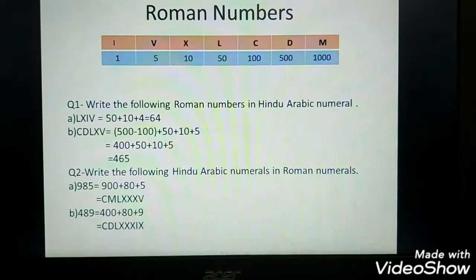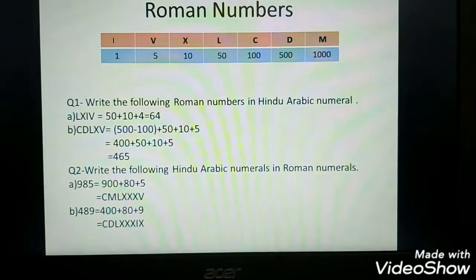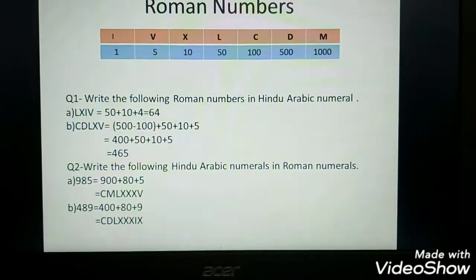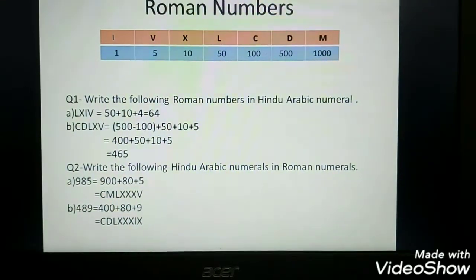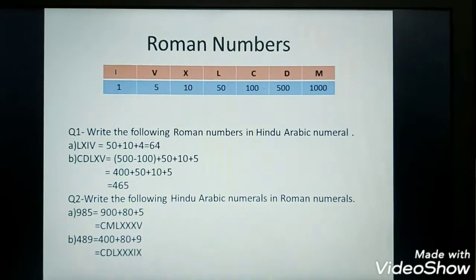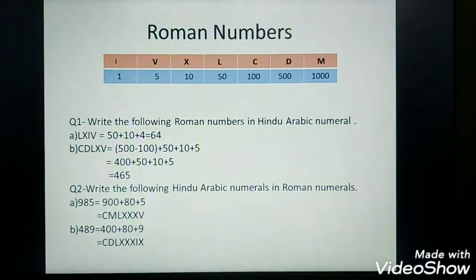So L stands for 50, X stands for 10 and IV stands for 4. So 50 plus 10 plus 4 is equal to 64. Then CDLXV. So CD. While explaining the chapter earlier in detail, I have explained all the rules.